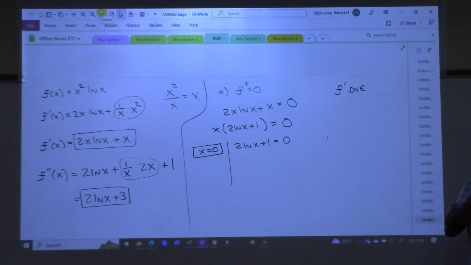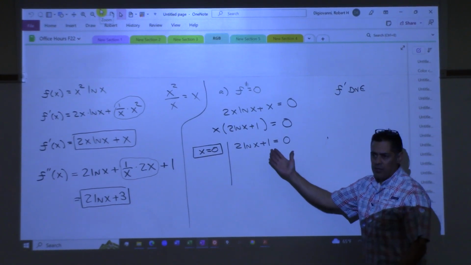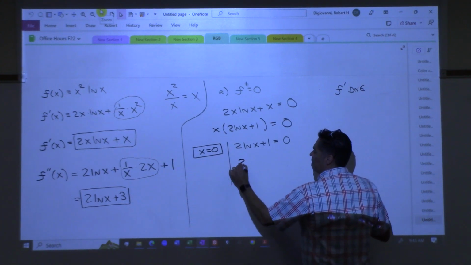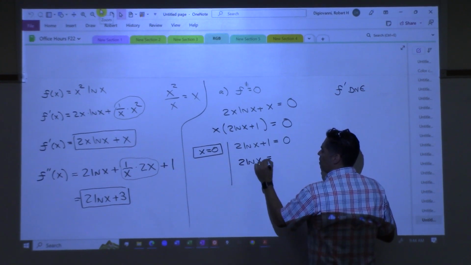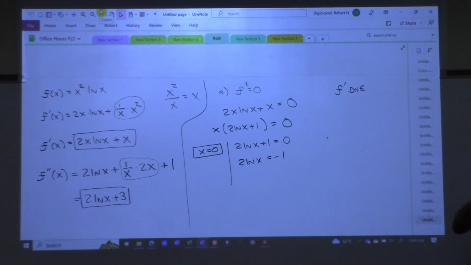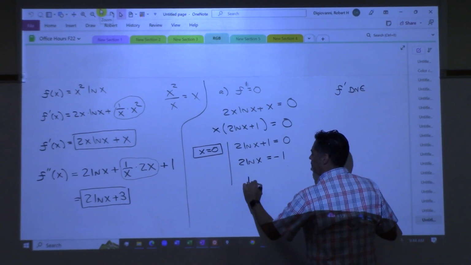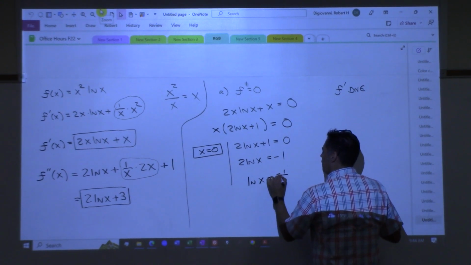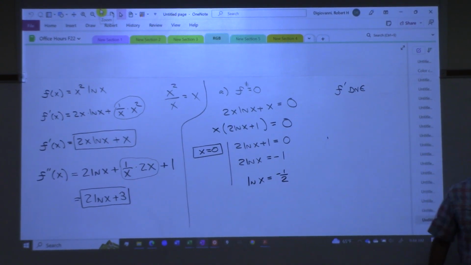The other one, we need to solve for x, which is weird because it's in a natural log, right? So let's just follow me through this. First thing I'm going to do, move the 1 to the other side, make it -1. Then I'm going to divide both sides by 2. And now we're back in college algebra.